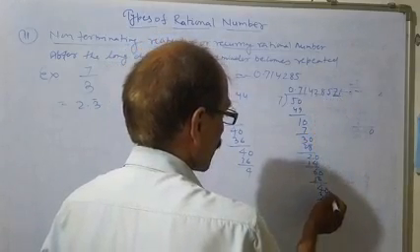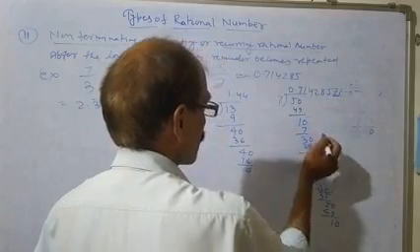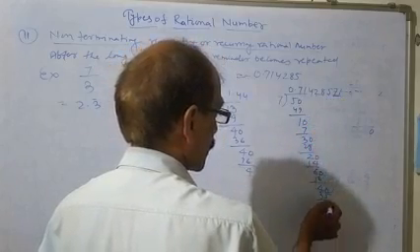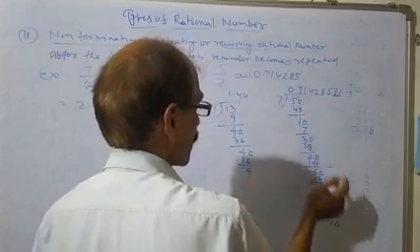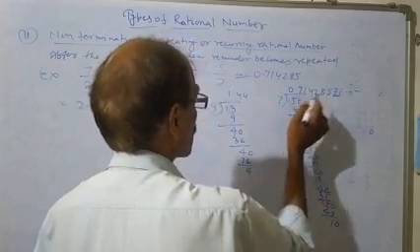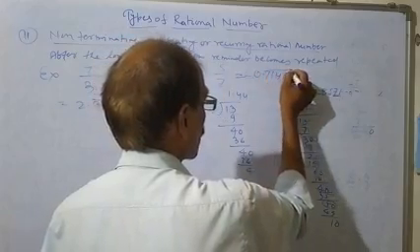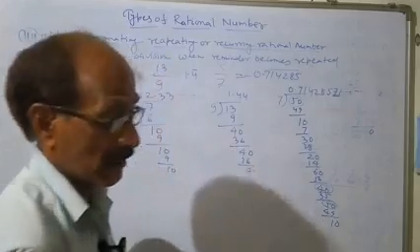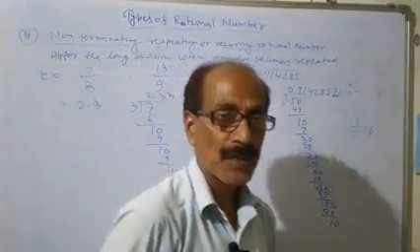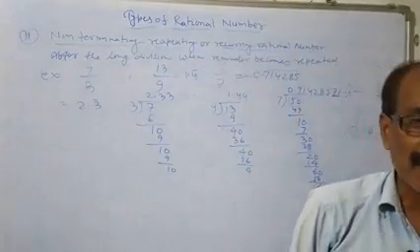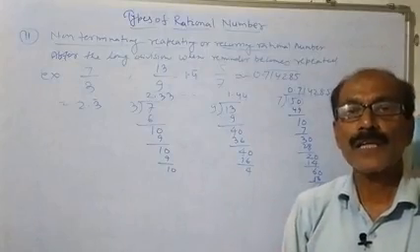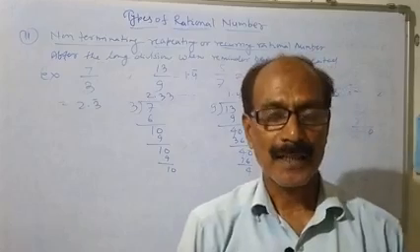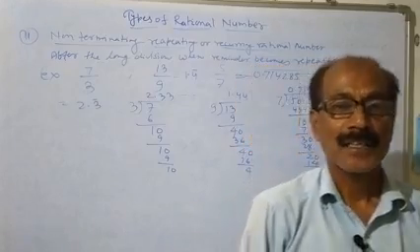Here the remainders 40, 50 are always repeated. So these are non-terminating, placing the bar. So there are two types of rational number: one is terminating rational number and the other is non-terminating rational number.